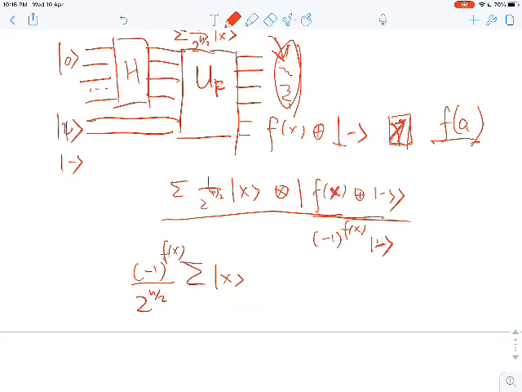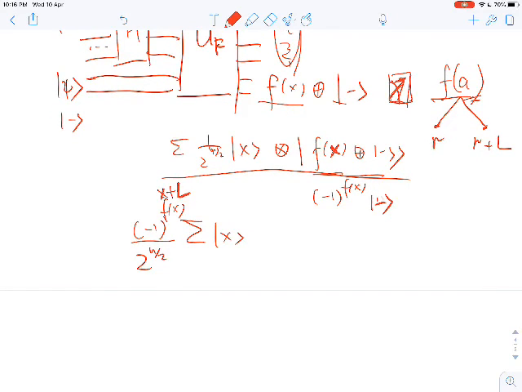And fx here is x plus L. L is what we want to know. And after we measure the output, we got some Fa. Actually, we got two answers here. We said the first is R, the second is R plus L.